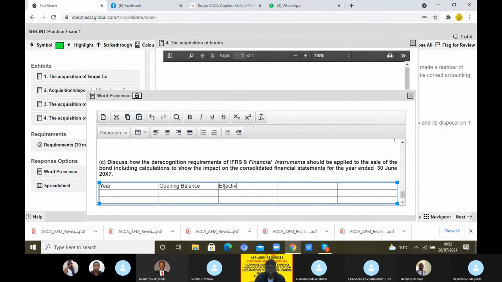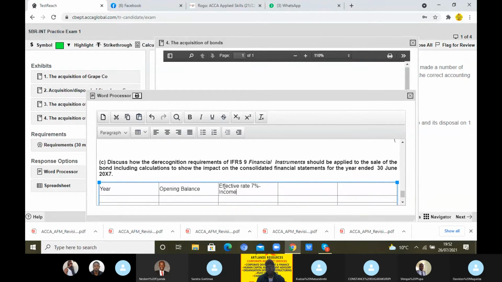Effective rate. Now, effective rate, they are saying is 7%. This one is income. Remember, this is income because the bonds, we own them. So this is income to profit or loss. And then coupon is at 5%, and then we have closing balance.